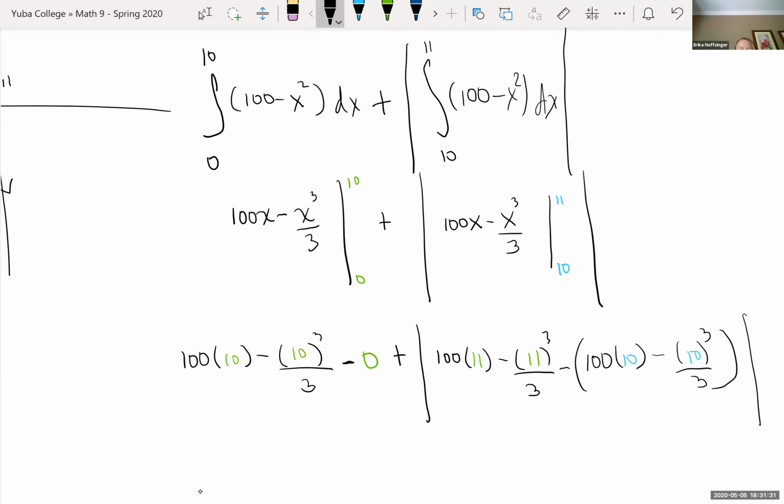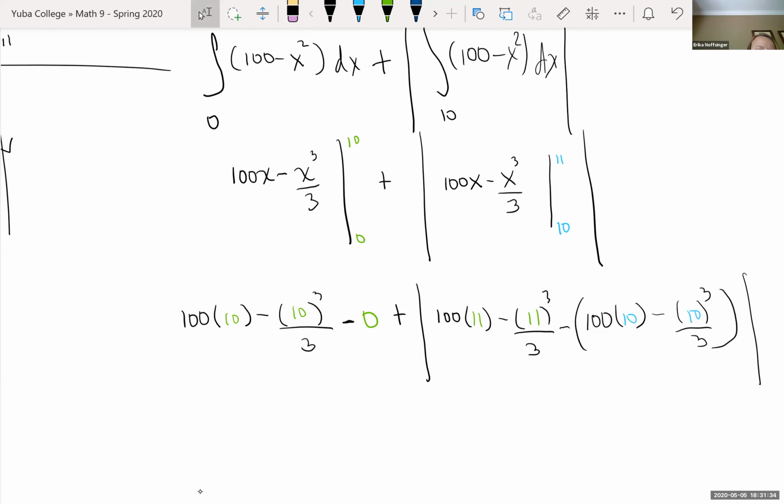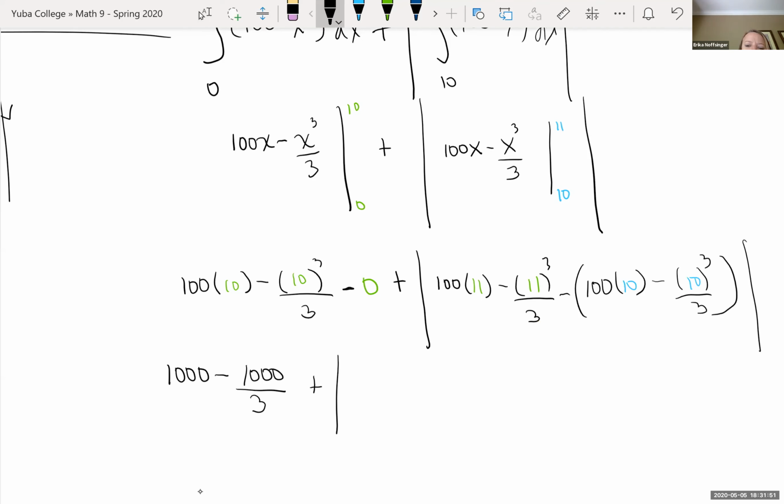Okay, so 100 times 10, that's 1,000, minus 10 cubed, well, that's 1,000 over 3. Plus the absolute value. So 11 times 100 is 1,100, minus 11 cubed, that's 1,331 over 3. So basically I would distribute my negative.